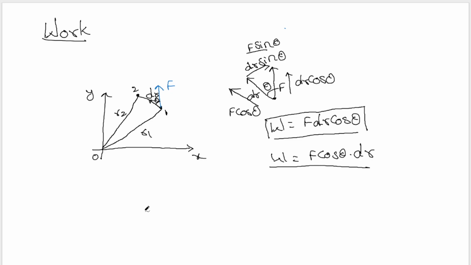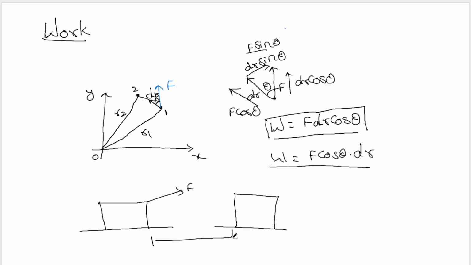So let us consider a block is at here, and force is applied in this direction, that is F. After some time, the block is moved a distance S, and it moved to this place.